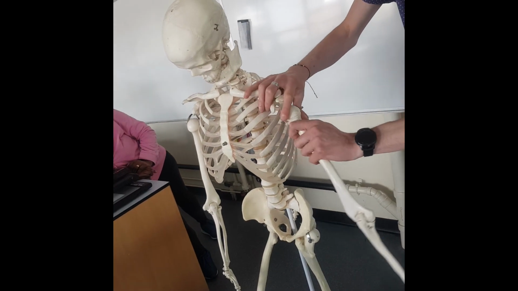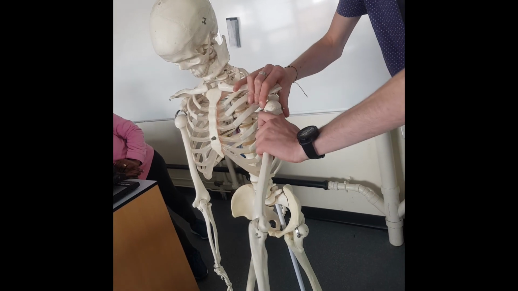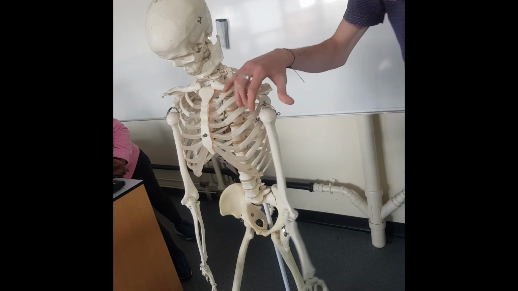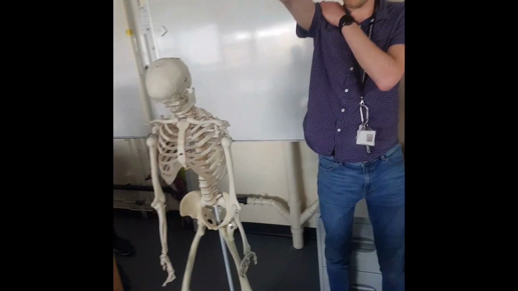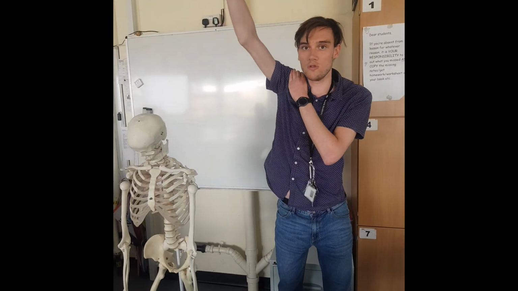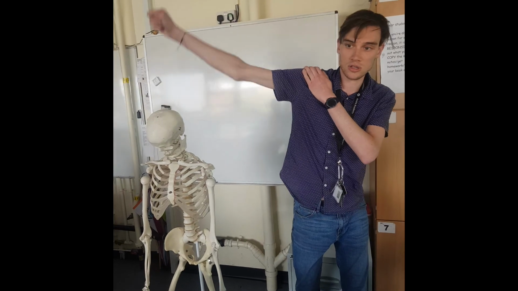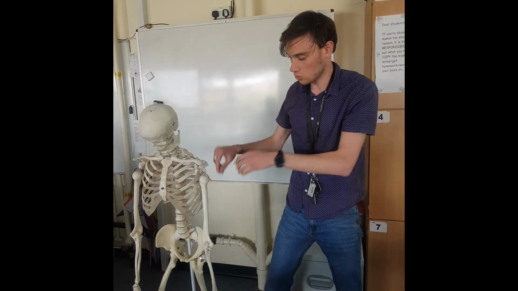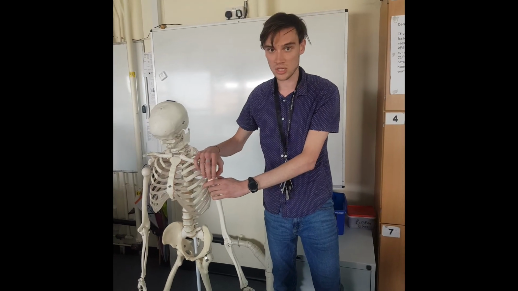And so he's got a whole range of movement inside of that socket there. Just like us, we've got a whole range of movement inside our socket. So our arm can go anywhere because of that shoulder joint. So that's a ball and socket.